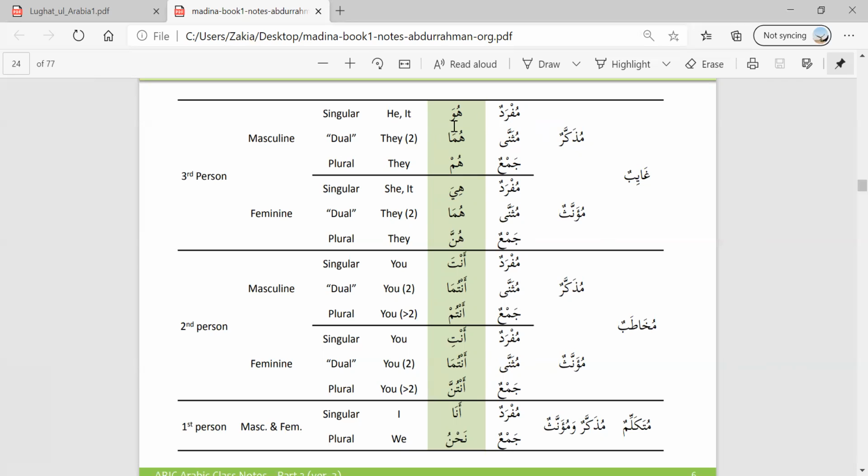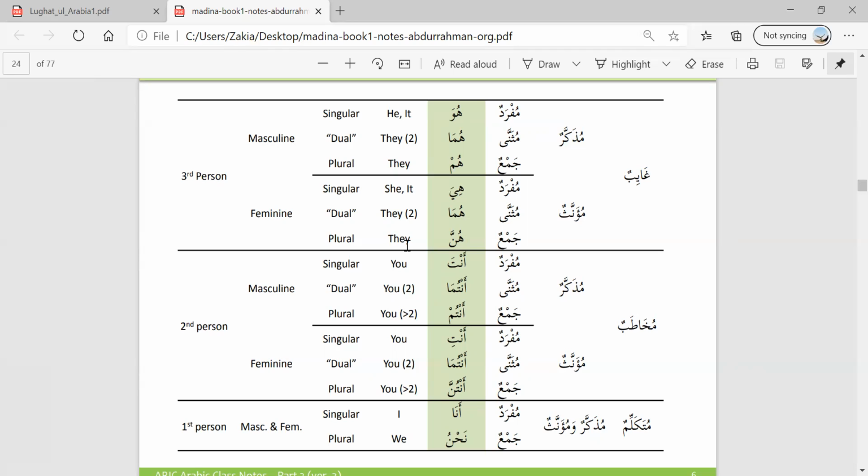The singular pronoun is huwa, meaning he or it, huma, hum, and hiya is she, huma, hunna. Here they use the feminine dual and plural for masculine and feminine.